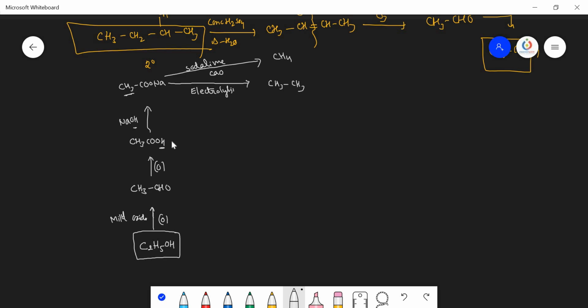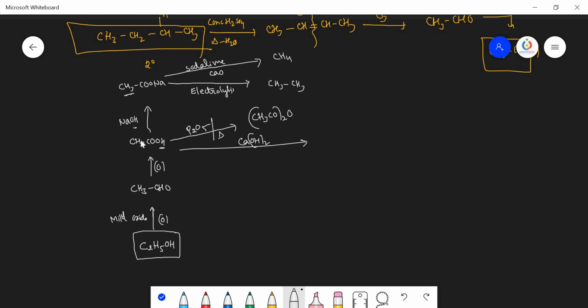If this carboxylic acid is subjected to P2O5, phosphorus pentoxide, and heated, it's a dehydrating agent. It will remove a water molecule from two carboxylic acid molecules, so that we get (CH3CO)2O, acetic anhydride. When the carboxylic acid is subjected to calcium hydroxide, you are indirectly learning carboxylic acid properties also.